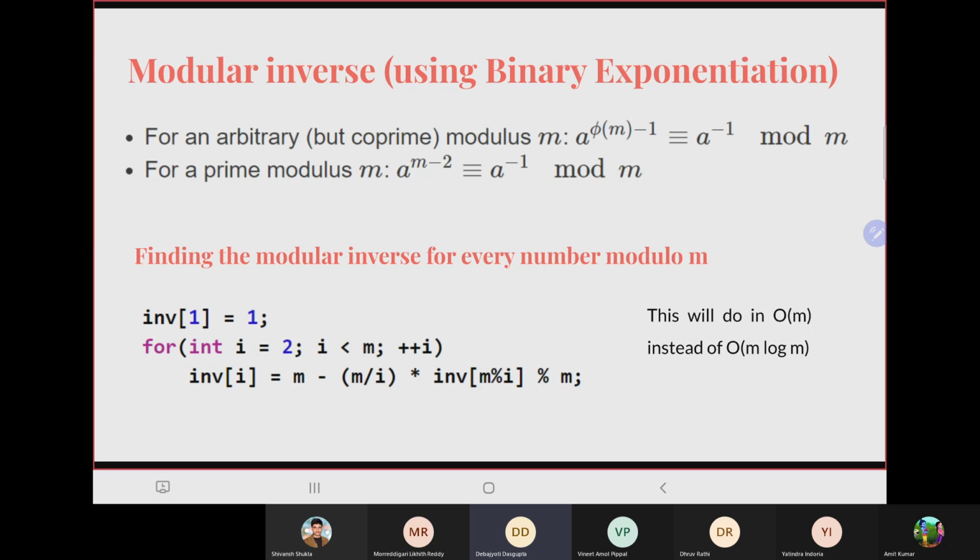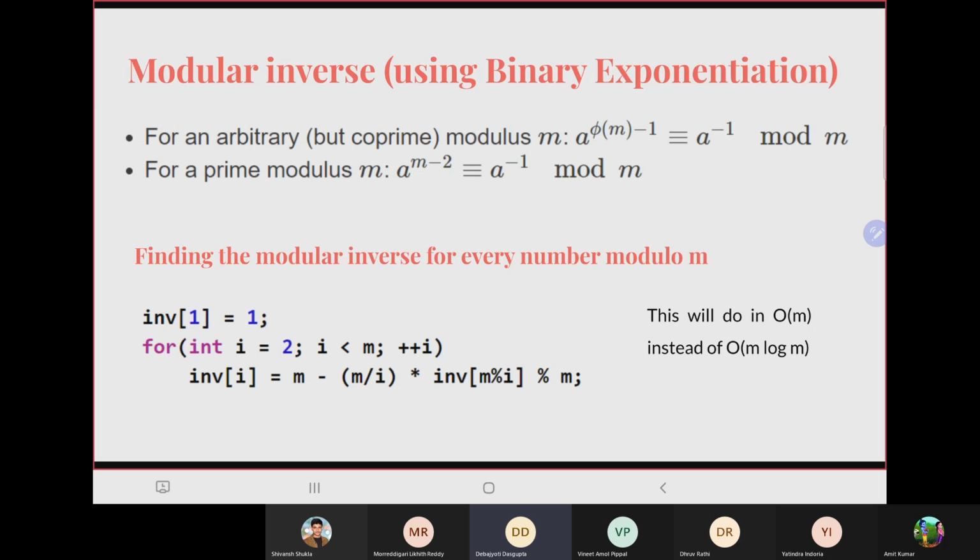Also, there is a trick: if you are computing nCr and nPr, most of the time you will be multiplying by the inverse of all the numbers from 1 to m. So instead of doing this every time: binary exponentiation complexity is log of the power.